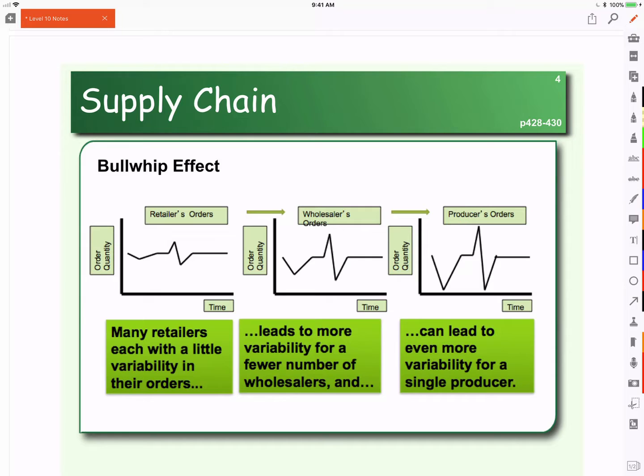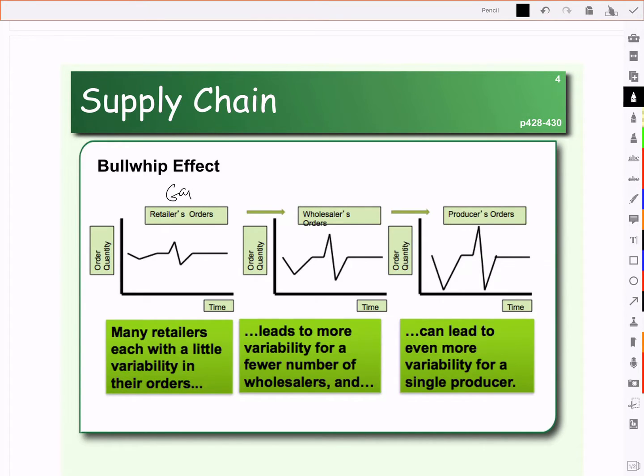So the retailer has to order materials from the wholesaler. So for example, if this is the Gap that sells t-shirts, they have to order those t-shirts from a wholesaler. So the Gap is placing orders to the wholesaler, and the orders the wholesaler receives are going to start to vary more than the retailer who's having direct contact with the customer.